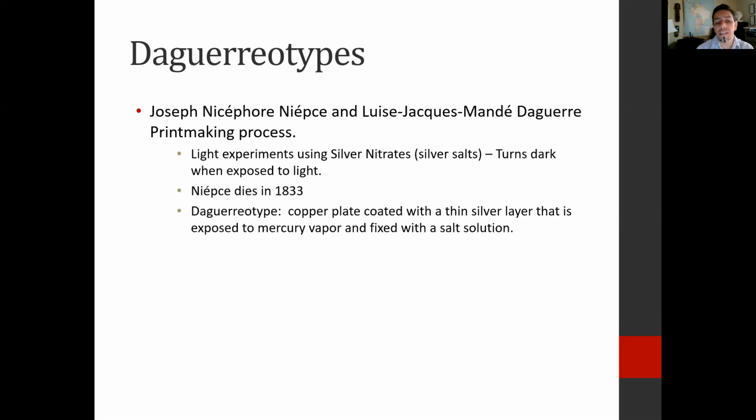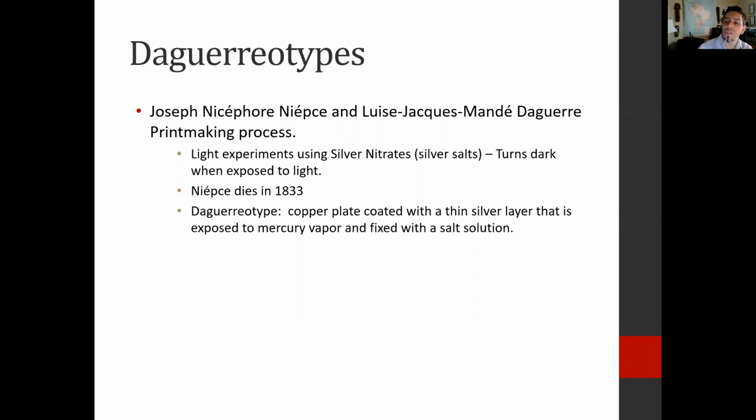Unfortunately, Niépce dies in 1833, and Daguerre continues on with the process. Now, it's interesting and it's sad at the same time, from my perspective, that Daguerre didn't really give much credit with the name to Niépce.